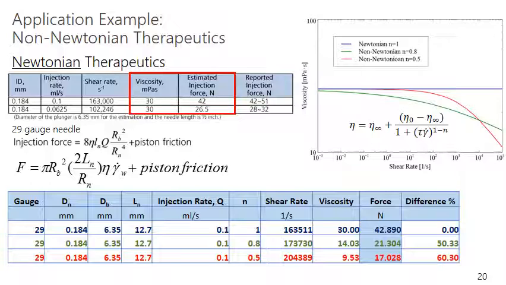Again, if we have measured our viscosity at a low shear rate, and based on this measurement only, we have calculated the injection force necessary to make the fluid flow, we will have overestimated the force by 50 to 60% respectively. This kind of error or mistake could result in the rejection of a drug or therapeutic that will be otherwise considered injectable. And this is the real importance of the analysis we have presented here today.